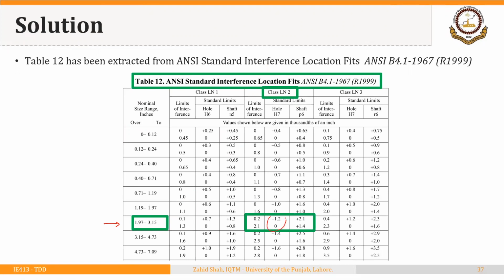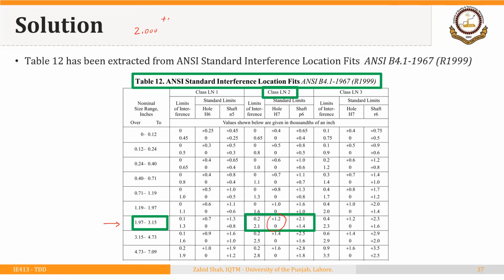First we will determine the size of the hole and then we will determine the size of the shaft. The size of the hole will be equal to the size of the fit, so that is 2.00 plus 1.2 divided by 1000.